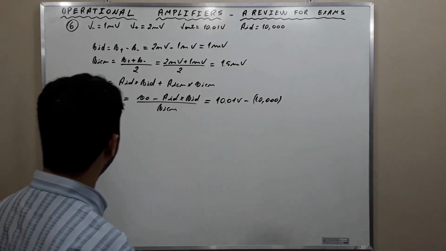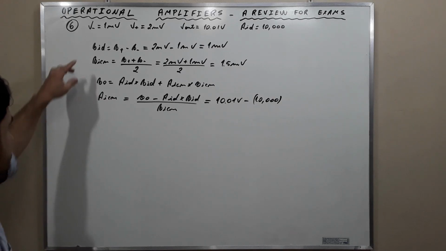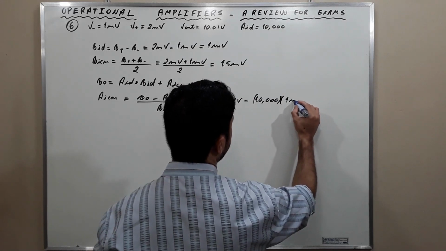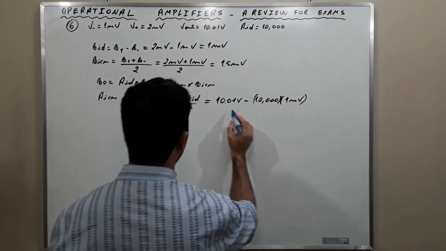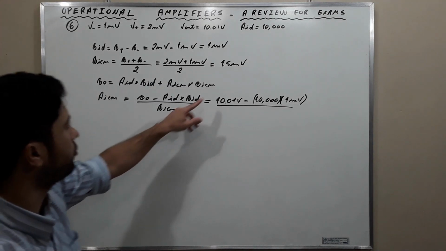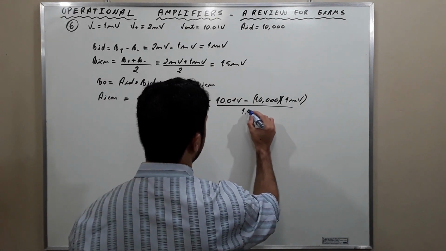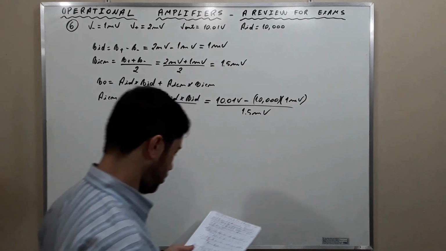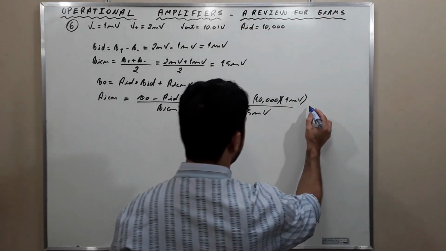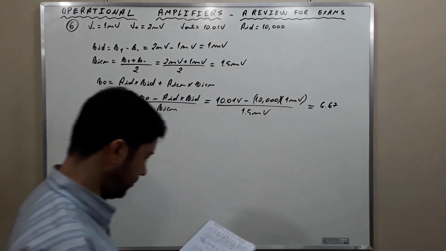And the differential input voltage 1 millivolt. And it is going to be divided by VICM, which here we discover as 1.5 millivolts. And consequently, the common mode gain is 6.67, okay?